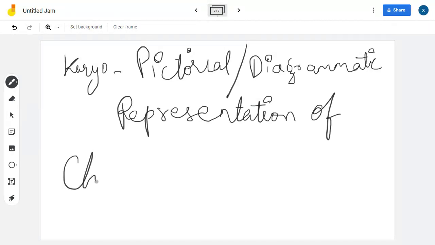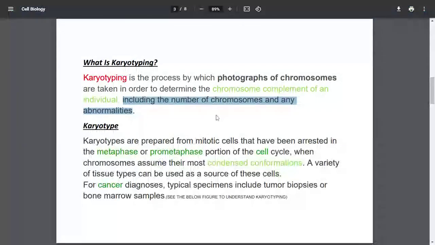So this is nothing but karyotype or karyotyping. Why is karyotyping done? It is done to see if there is any abnormality in any chromosome. So that is karyotyping.